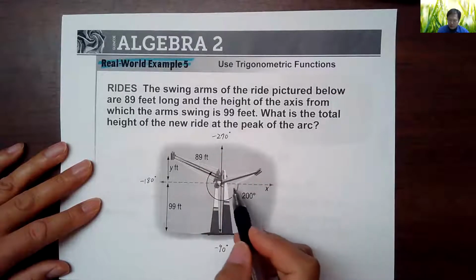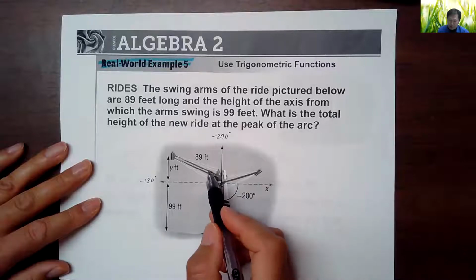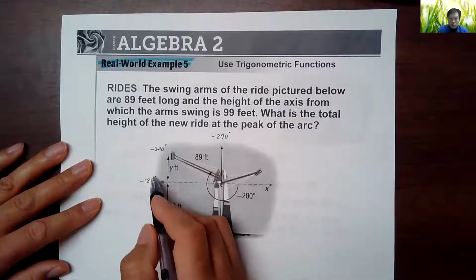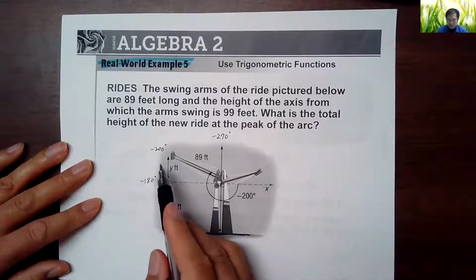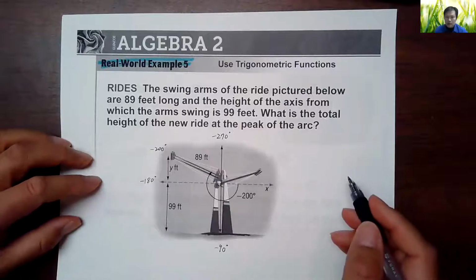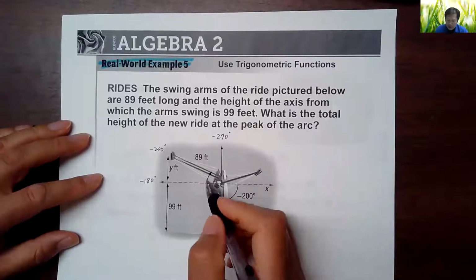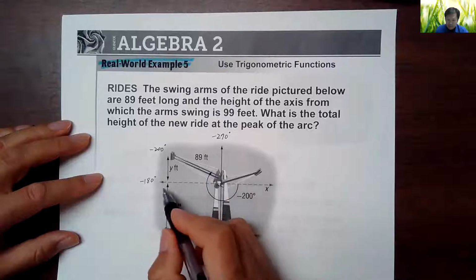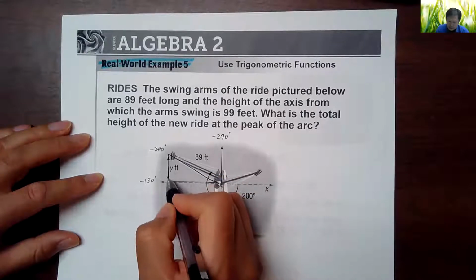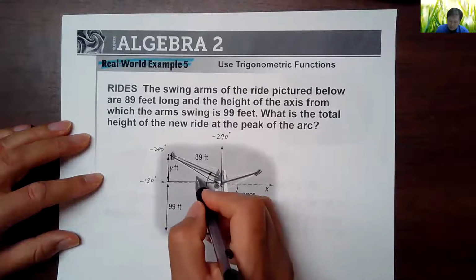So minus 200 will pass minus 180 and you will go 20 degrees further. So if you do this minus this minus this, you will end up with either plus 20 or minus 20. The reference angle is always positive. So when you form a triangle like this, the angle becomes 20 degrees.